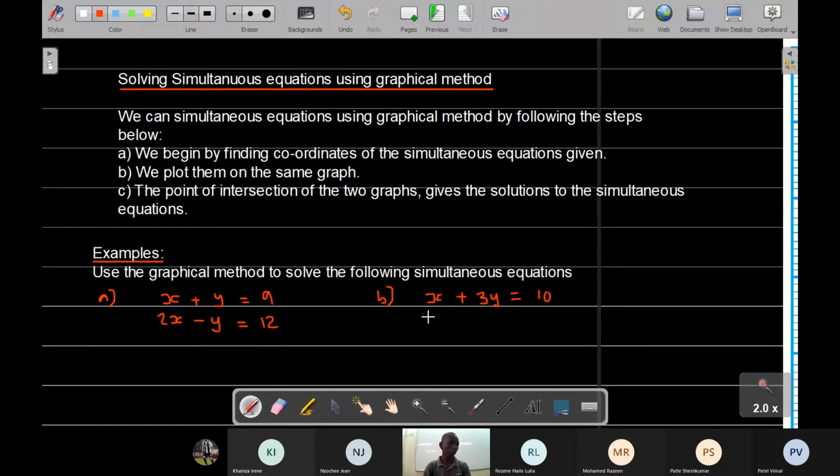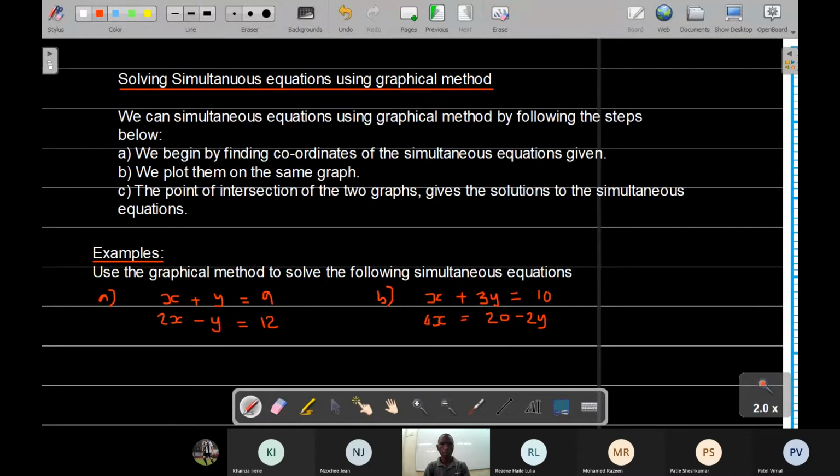And then the second is 4x, which is equal to 20 minus 2y.